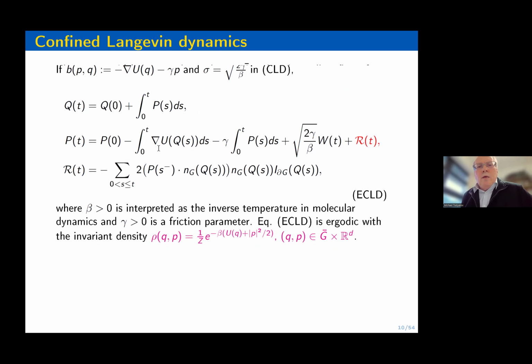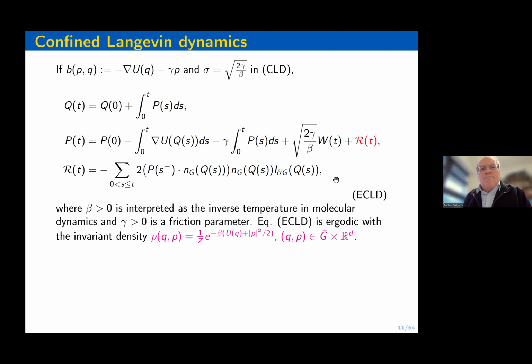We also looked at the simplified version of the equation we have on the previous slide, where the drift is force minus friction, as we had at the beginning a couple of slides ago when I showed the standard Langevin dynamics.